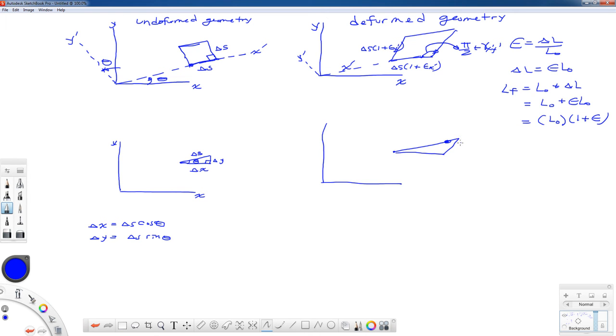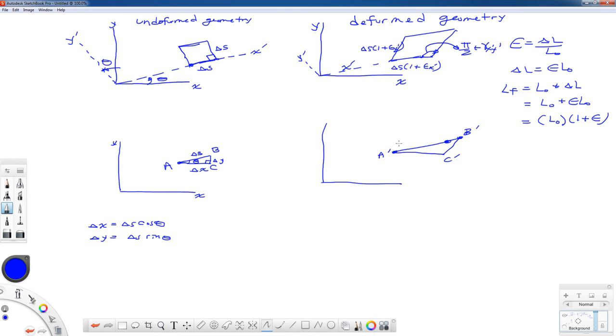Okay, so maybe it looks like this. And let's put some initial points on here so we can identify them. There's point A, B, and C of the initial right triangle. And those points would move then. They'd be at a new location. That would be A prime, B prime, and C prime in this picture.